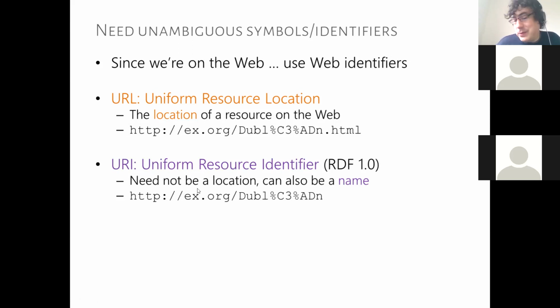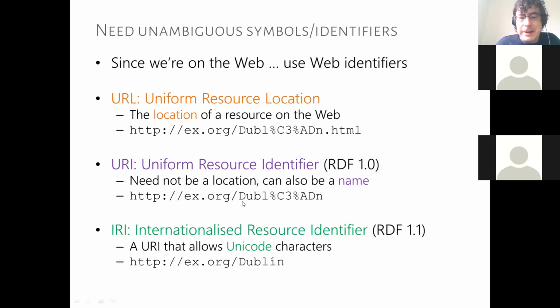URIs, or Uniform Resource Identifiers, we can use for identifying arbitrary things. So we can use this URI here, for example, to identify the city. It looks exactly the same. It's just that it's not going to give a 200 OK and return the city directly. It might redirect to a page about the city.